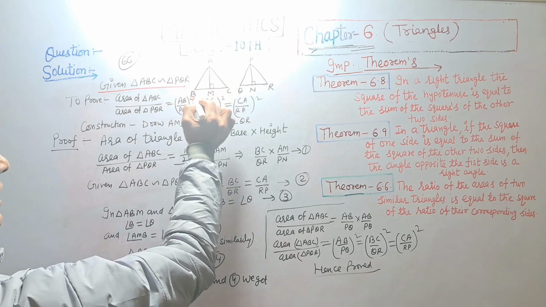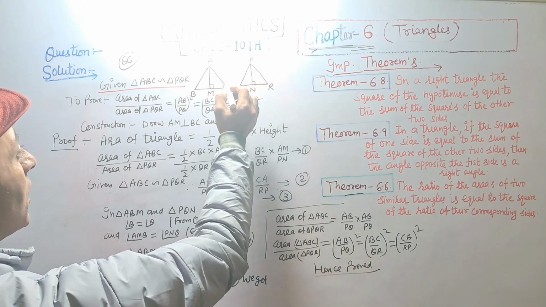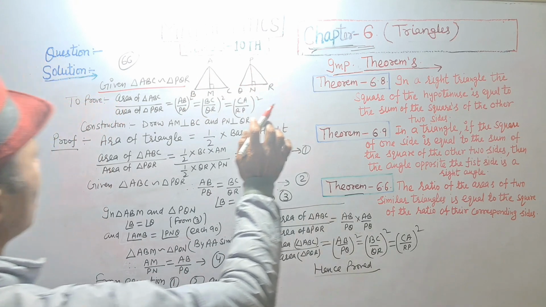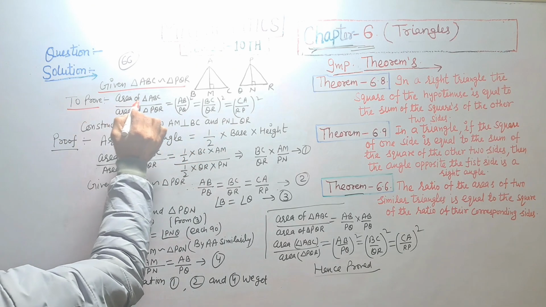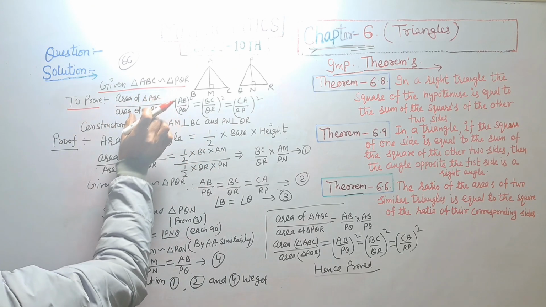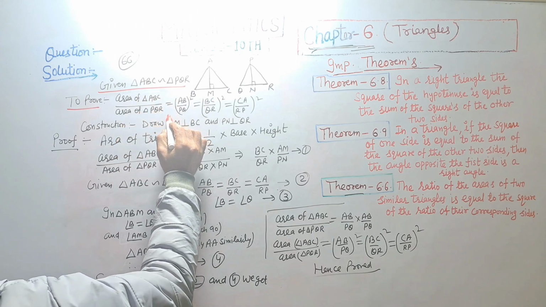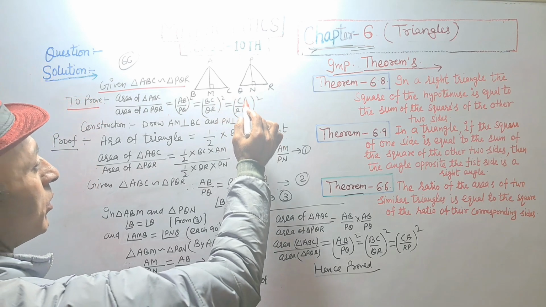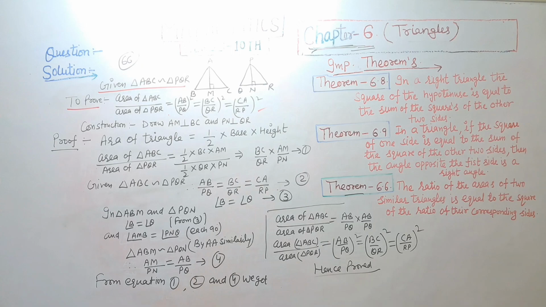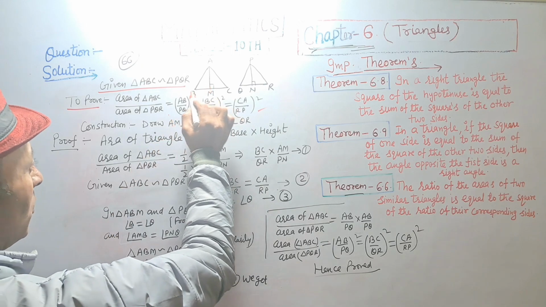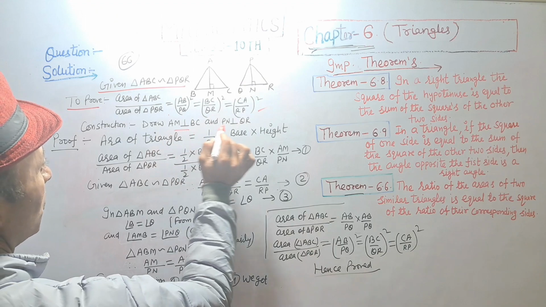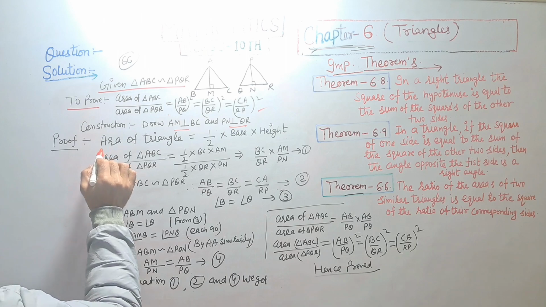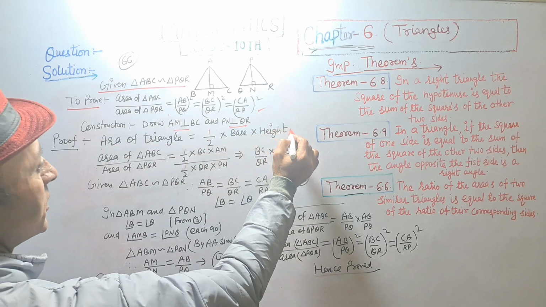Draw two triangles ABC and PQR, and AM is perpendicular to BC, PN is perpendicular to QR. To prove: area of triangle ABC upon area of triangle PQR is equal to AB upon PQ square equal to BC upon QR square equal to CA upon RP square. We construct AM perpendicular to BC and PN perpendicular to QR, and prove area of triangle equal to half into base into height.